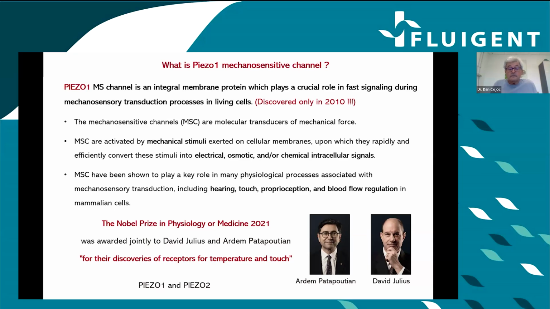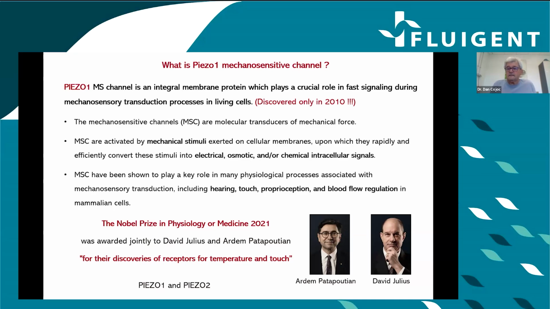What is interesting is that the Piezo1 and Piezo2 mechanosensitive channels were discovered relatively late, in 2010, by Ardem Patapoutian and David Julius. They received the Nobel Prize in Physiology or Medicine in 2021 for their discoveries of receptors for temperature and touch.